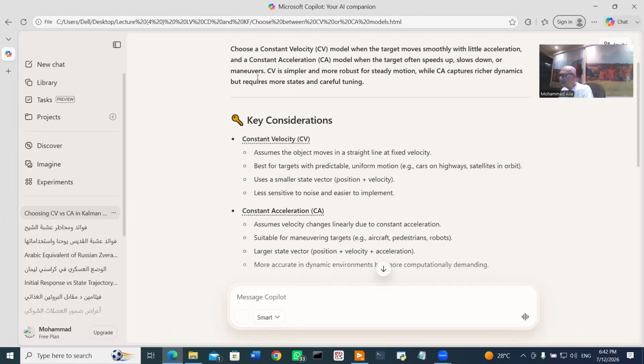So it changes directions with acute angles, with accelerations and decelerations frequently done. We use the constant acceleration.